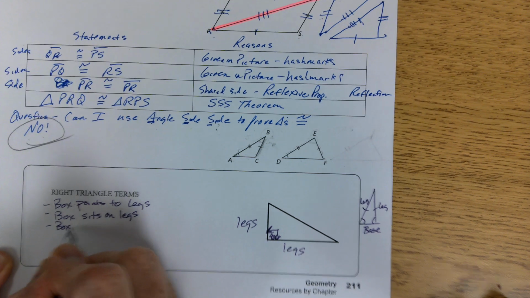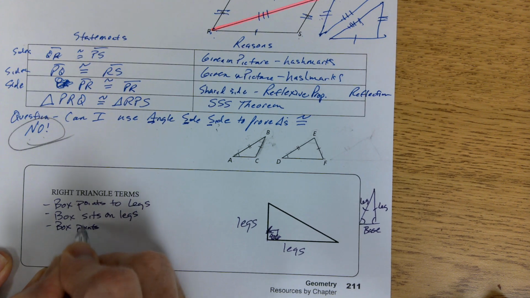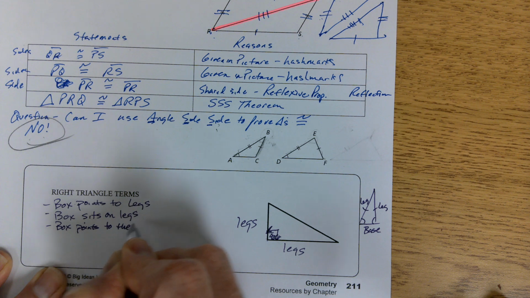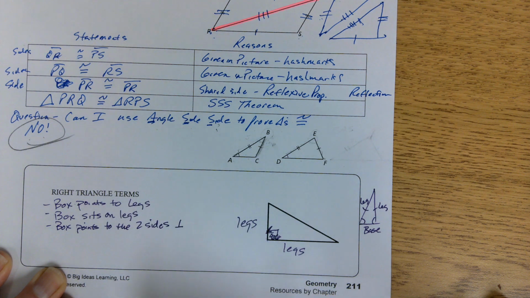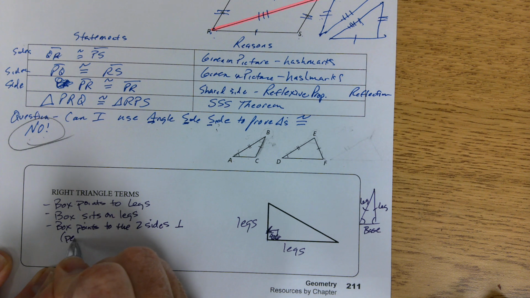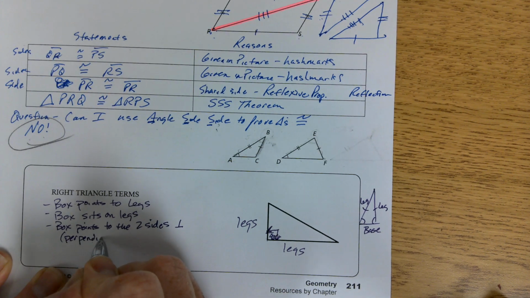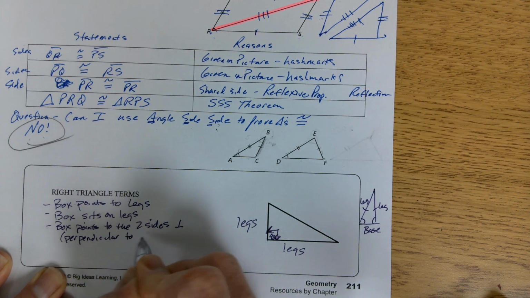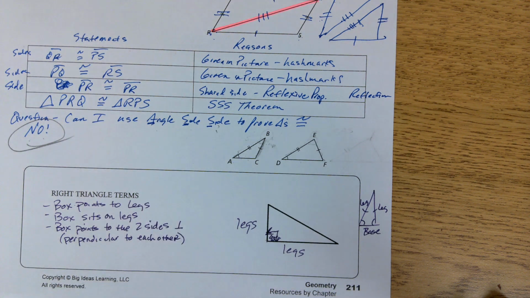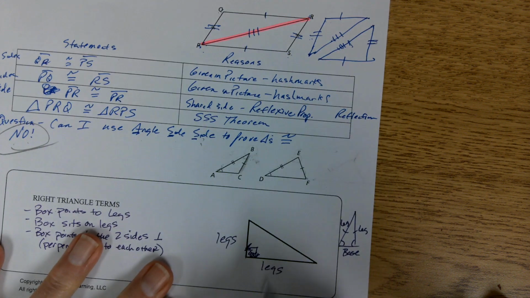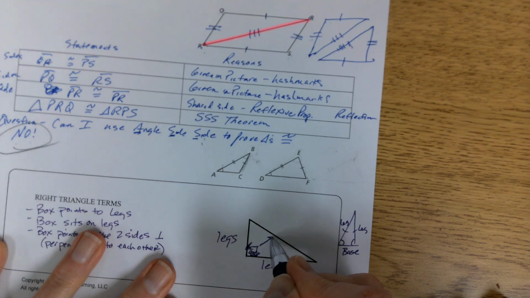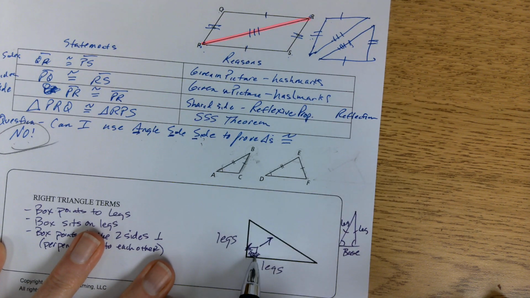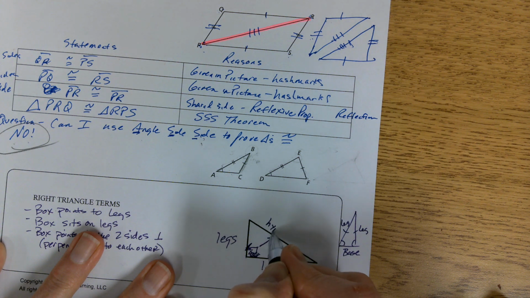It is also always pointing to the two sides that are perpendicular to each other. I'll write it out. The box points to the two sides perpendicular to each other. Now, the side opposite this right angle is called the hypotenuse.